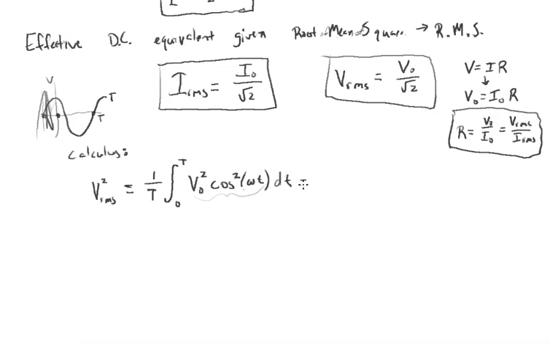V naught is a constant, so that can come out front. We don't have to add it up. We can just add up all the other numbers and then multiply by that total constant. Basically, this is a coefficient that's on every single term, so we can take it out and ignore it from the sum. It's like factoring it out. And then we have just the integral of a cosine squared.